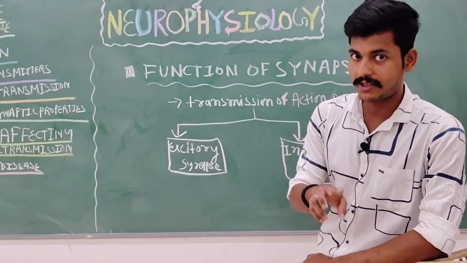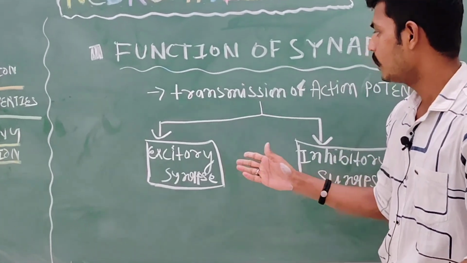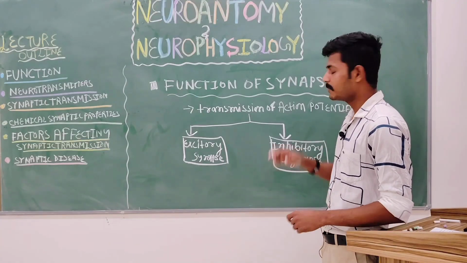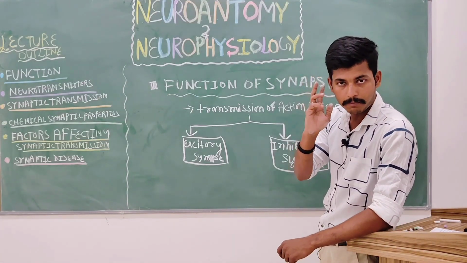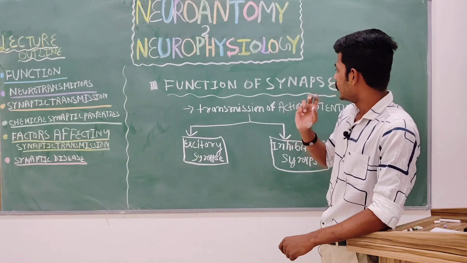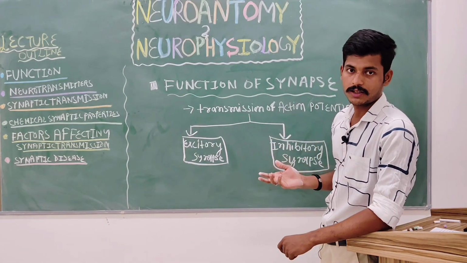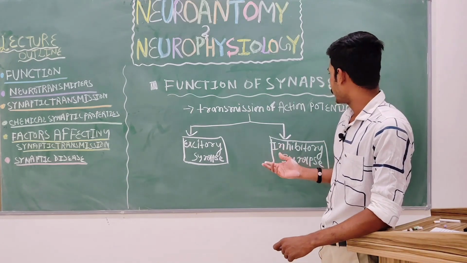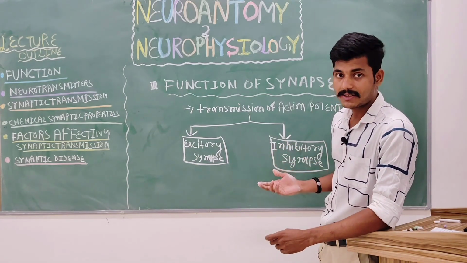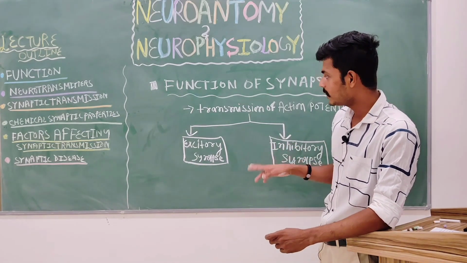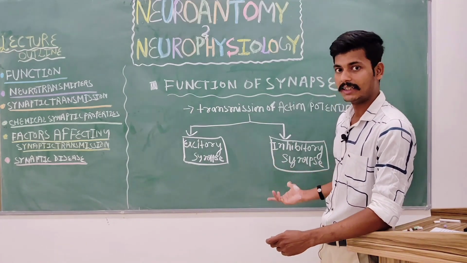It can be inhibitory as well. So the main function we have to keep in mind is that synapses are involved in the transmission of action potential, or the message. But this message can be excitatory or it can be inhibitory.